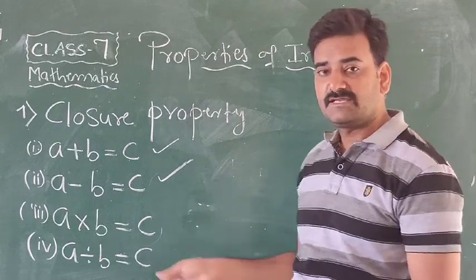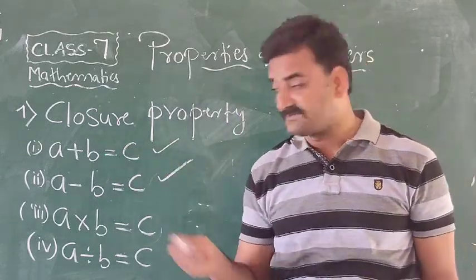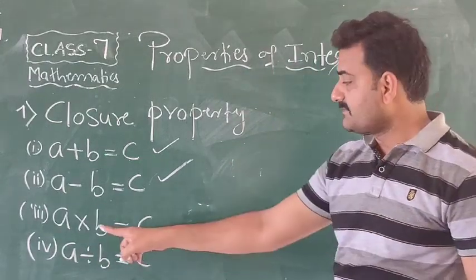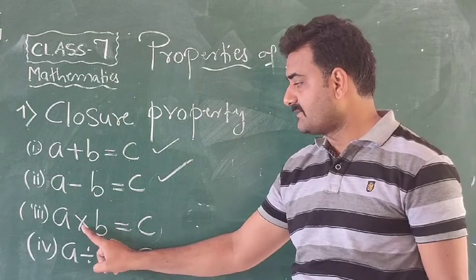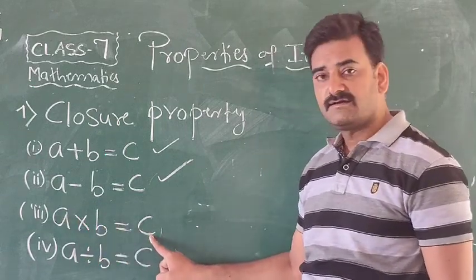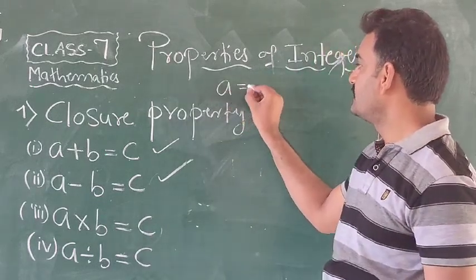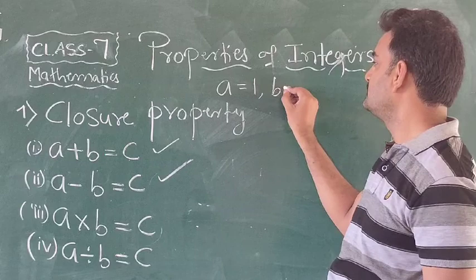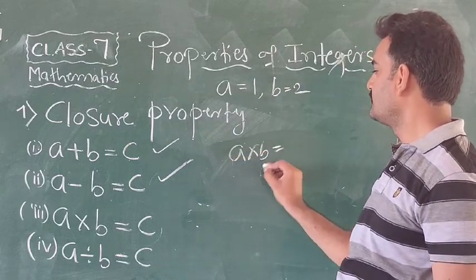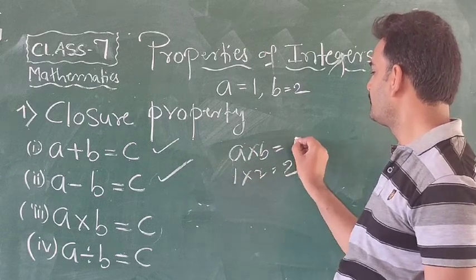Now multiplication. In the same manner as what we did for addition and subtraction, it is also the same. Any two integers multiplied, the product of any two integers, we get one more integer. Let us say a is equal to 1, b is equal to 2. So a into b, that is 1 into 2, is equal to 2.